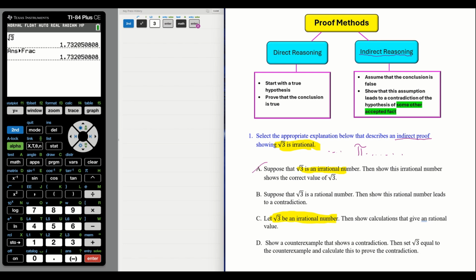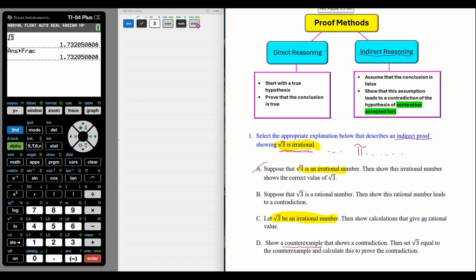All right, now let's look at this. Show a counterexample that shows a contradiction. Okay, there's a problem with that. By definition, a counterexample of this being irrational, is there a counterexample?